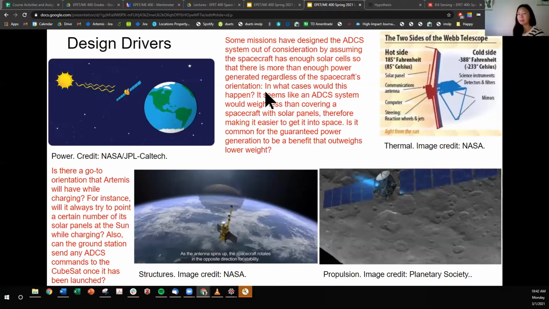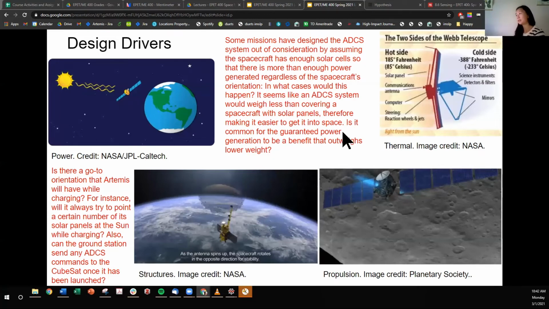That was actually a trade study that was done within our CubeSat kit, where ADCS actuators like reaction wheels would take up immensely more mass and volume than just slapping a bunch of surface solar cells onto all sides of the spacecraft. Now that trade is for a CubeSat. For a larger spacecraft, it might make sense that large articulated solar arrays are actually more mass expensive than an ADCS actuator.